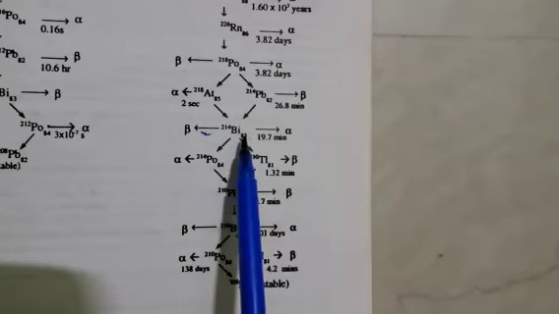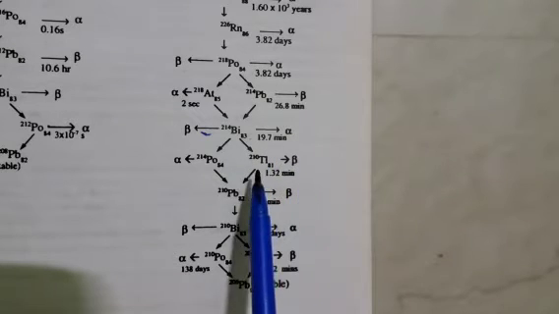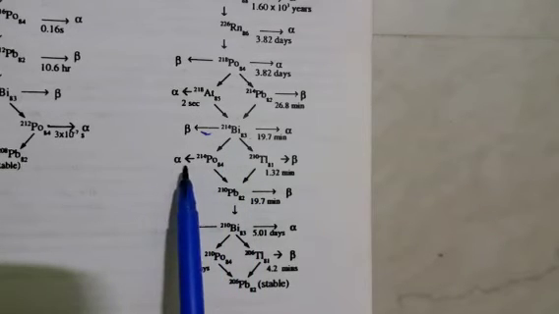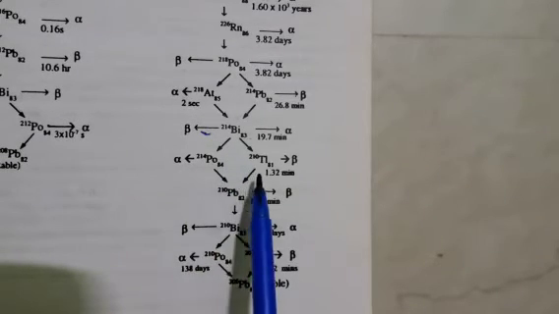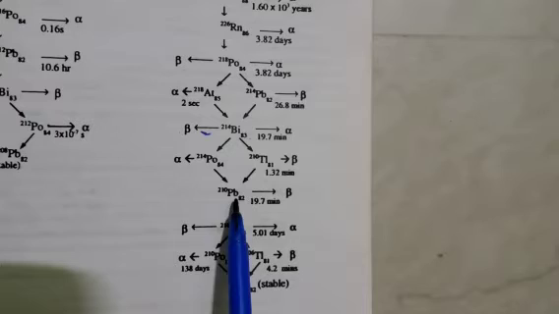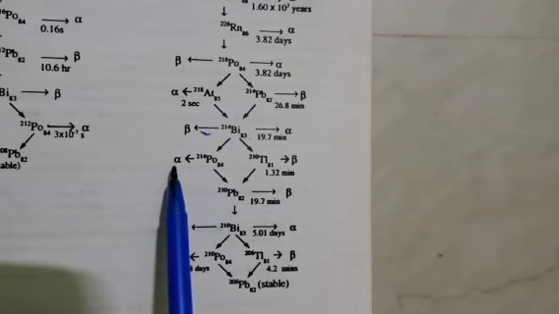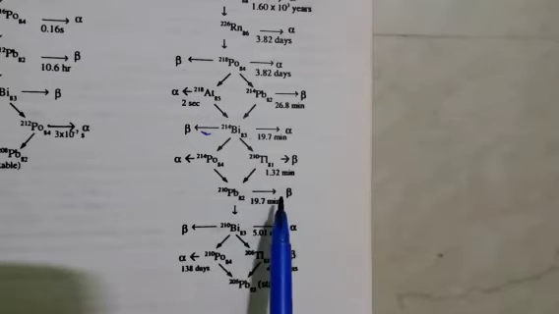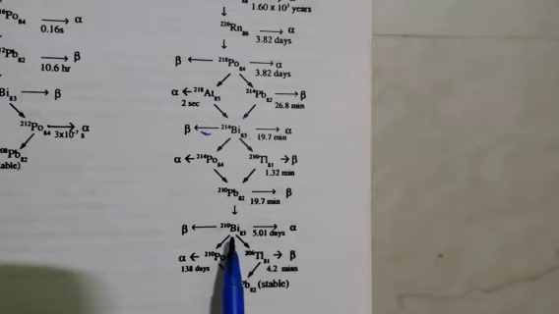When bismuth emits an alpha particle, it forms thallium, and if bismuth emits a beta particle, it forms polonium. So the thallium, when it emits a beta particle, forms lead. Similarly, when polonium emits an alpha particle, it forms lead. When the lead emits a beta particle, it forms bismuth.